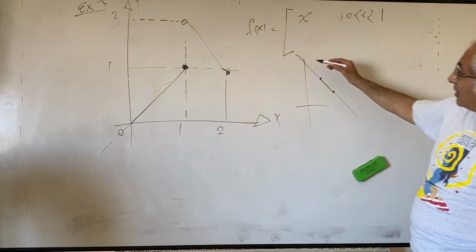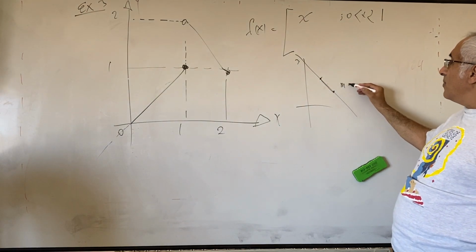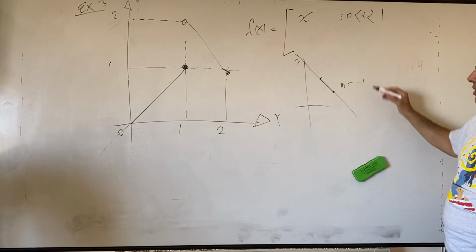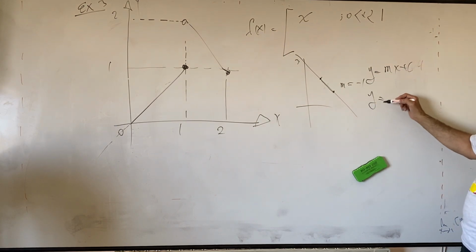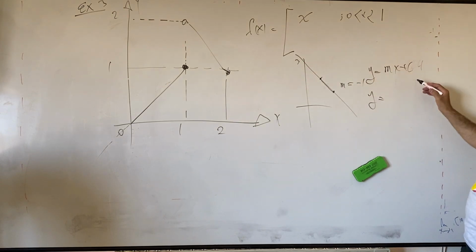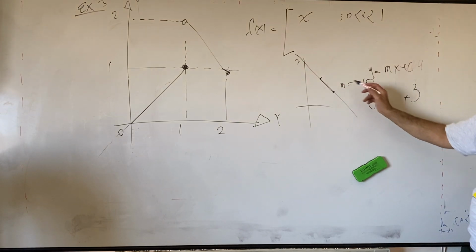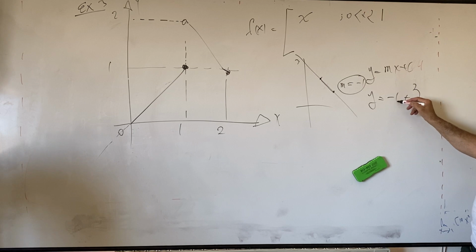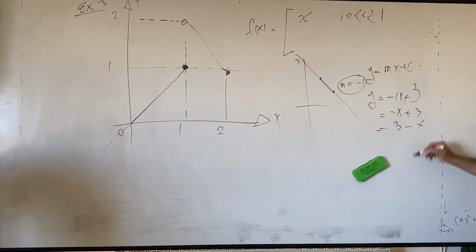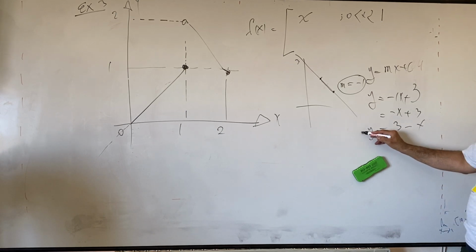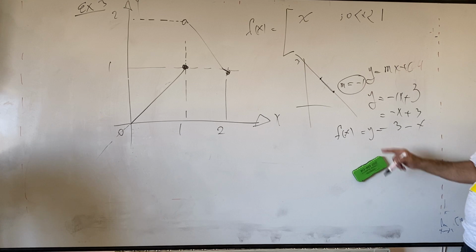The equation of that line, if this is 3 and the slope is minus 1, you all know the equation of the straight line, mx plus c, the 3 is the y-intercept, and the gradient is -1, so -1x. I can write it like minus x plus 3, or if you wish, we can write 3 minus x. I can call this y, I can call it f of x, so f of x equals what?